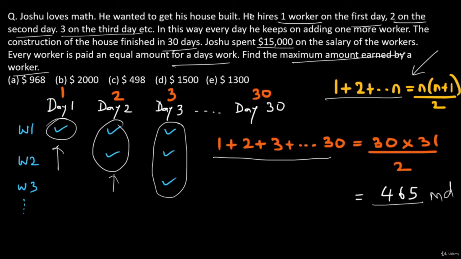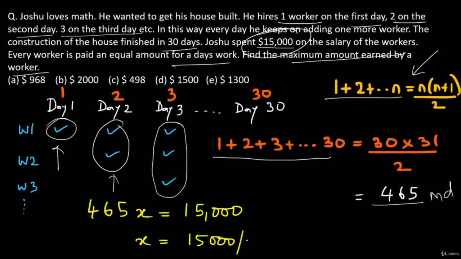Now, if 15,000 is divided equally among 465 men, how much money would one person get? That would be 465 into x is equal to 15,000, or x is equal to 15,000 by 465. So this is the salary that a worker gets for one day. Alright, now over here we need to find out the maximum amount earned by a worker.